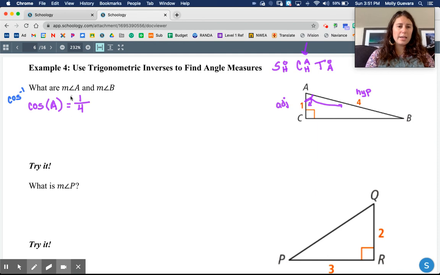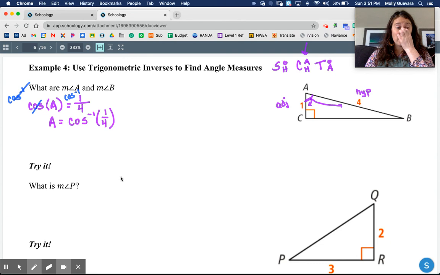It looks like a little -1 exponent, but it's not an exponent. So we can take what we call the cosine inverse of both sides, and that ends up canceling out the cosines. So that leaves me with A is equal to the cosine inverse of 1 over 4.